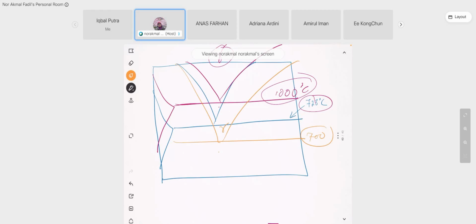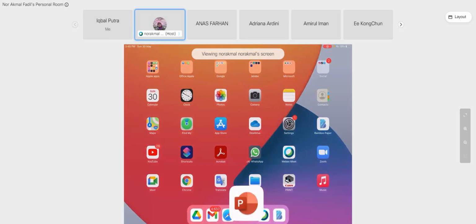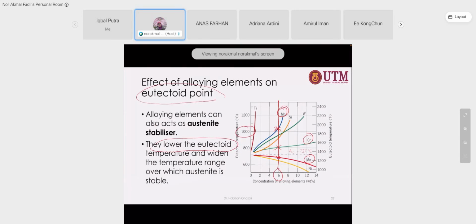Let's say you want to make sure it's able to form austenite at lower temperature for the purpose of heat treatment, you can add manganese. So it will help you in terms of the heat treatment process. By having this kind of data, you can always tailor your steel following the requirement of your design.